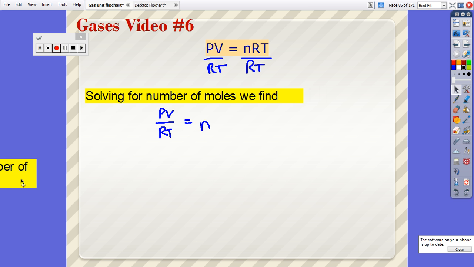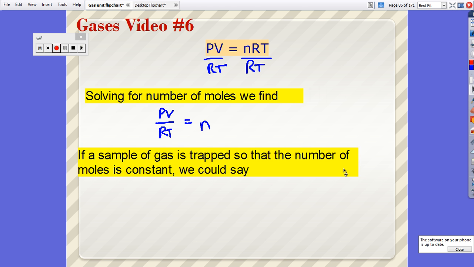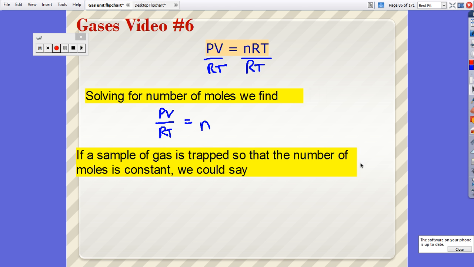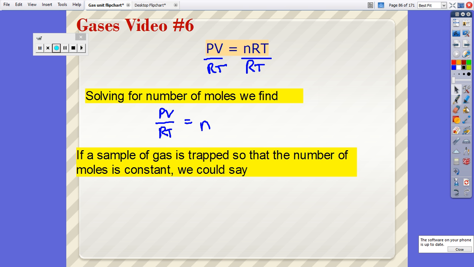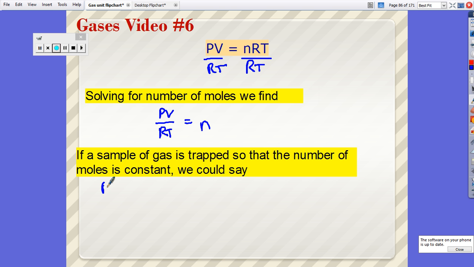Now let's consider having a sample of a gas. If we have a sample of a gas and it's trapped in a container so it can't get out, then the number of moles that we have is going to be a constant. In this case, we can have more than one condition that makes this a true statement. Maybe we have original conditions such as these that give us our number of moles.